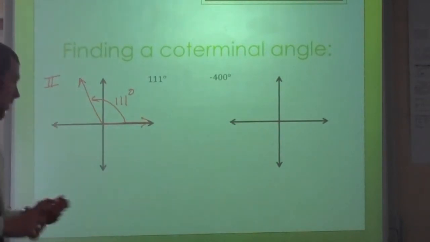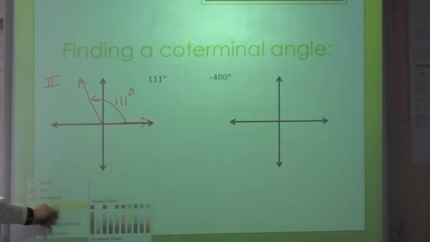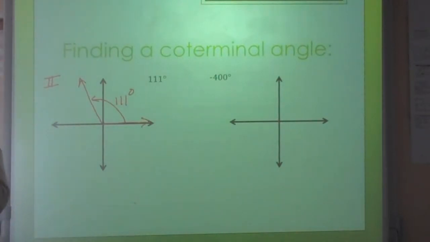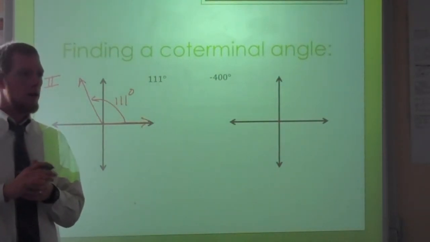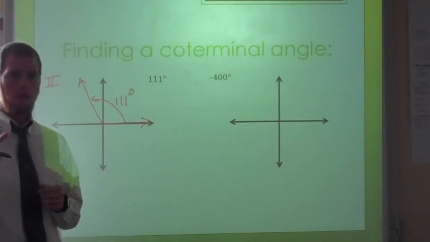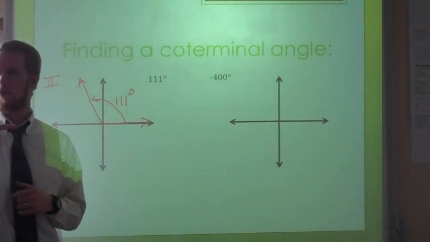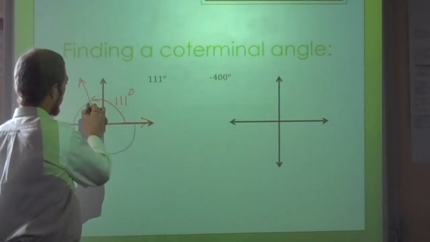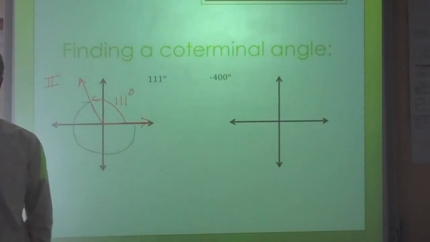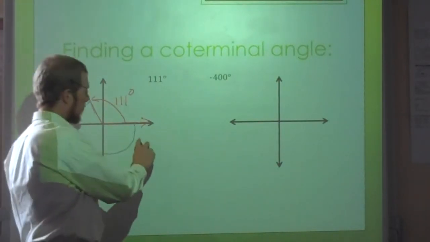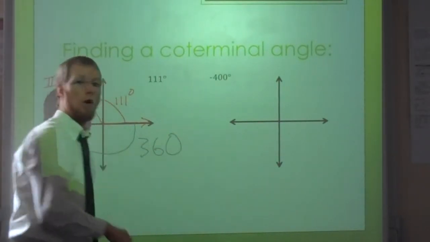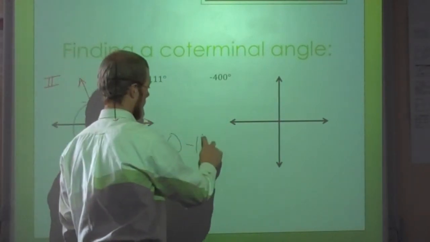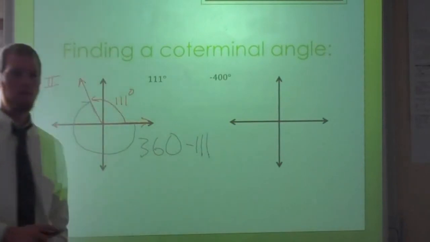Now you need to find another angle that will give you the same terminal side. Well, when I think of another angle, there's two ways to do it. One, just go the other way. So if I were to go that direction, what would my angle measure be? Well, it would be 360, one rotation around, right? Subtract 111.